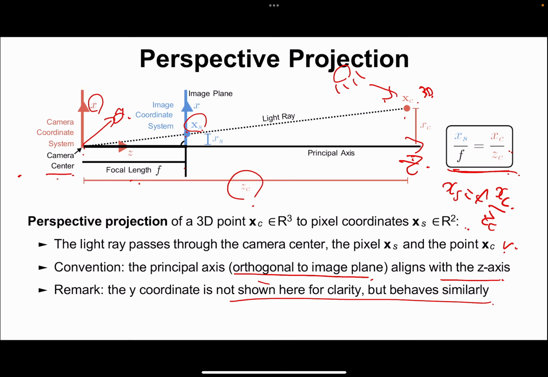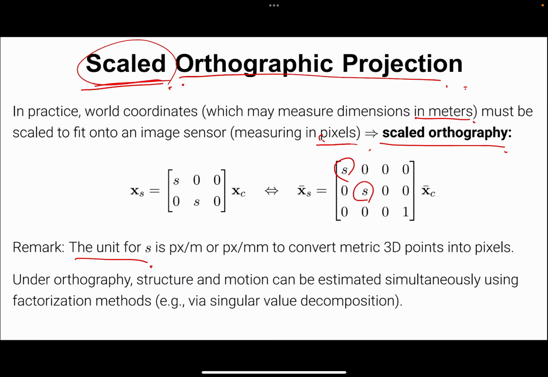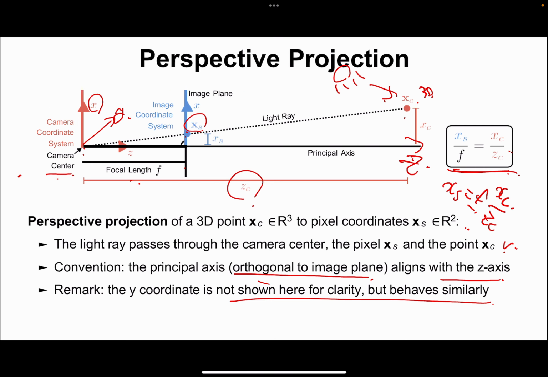So this is really different from orthographic projection. f is the focal length. This is a constant, and it can be considered as the scale of orthographic projection. We already introduced scale orthographic projection, right? So f is a scalar, so it might be similar to the scale orthographic projection.